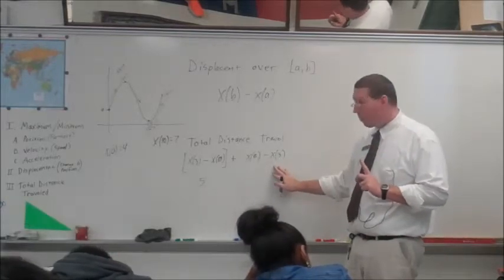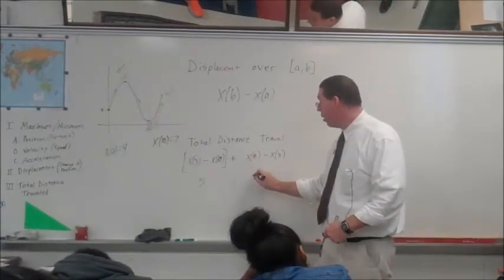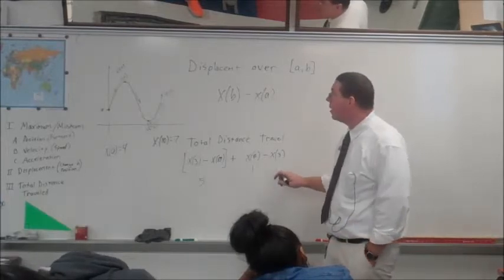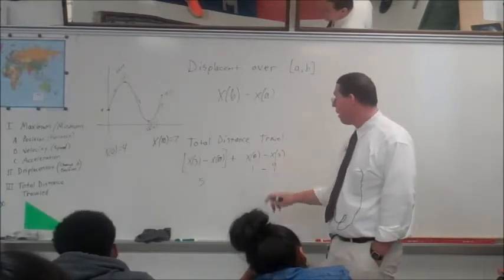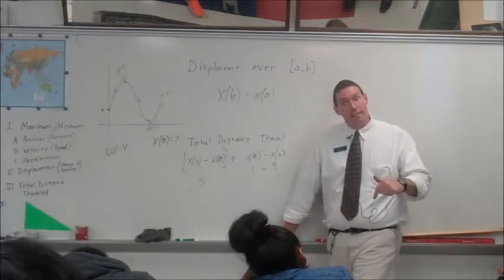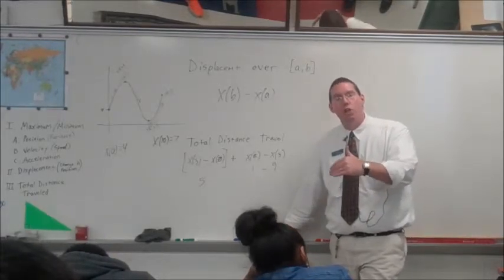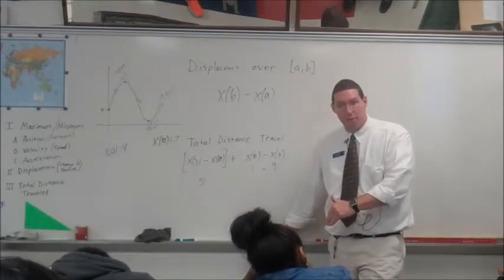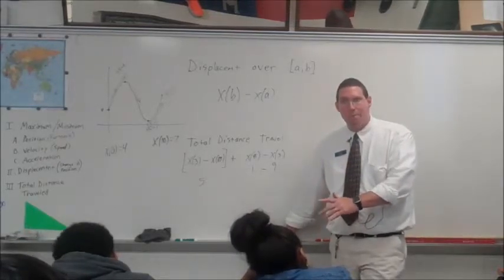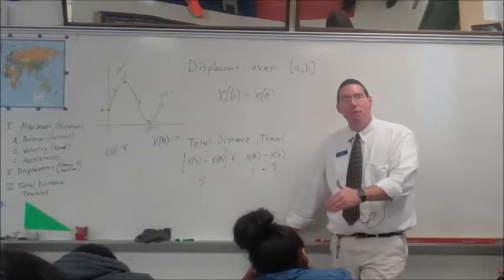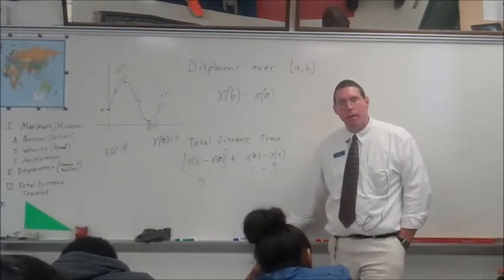But in this particular case, x of 8 is 1 and x of 3 is 9, and 1 minus 9 is negative 8. Well, it means that it moved 8 units to the left. Correct? It moved 8 units to the left.